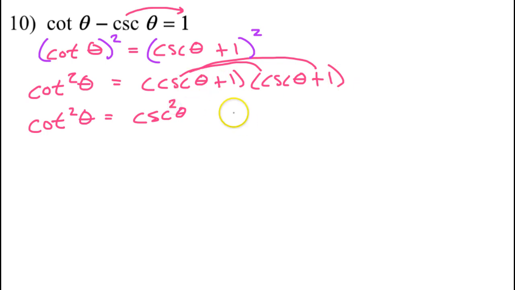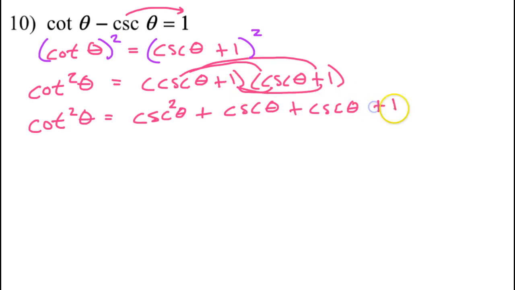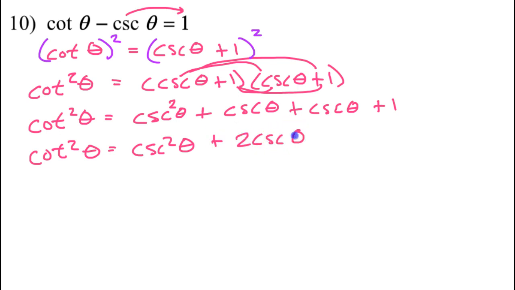Then cosecant times 1 is cosecant. And then 1 times cosecant is another cosecant. And then 1 times 1 is 1. So that's going to give me cotangent squared is equal to cosecant squared plus 2 cosecant plus 1.